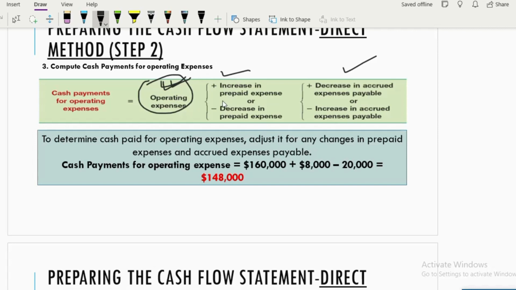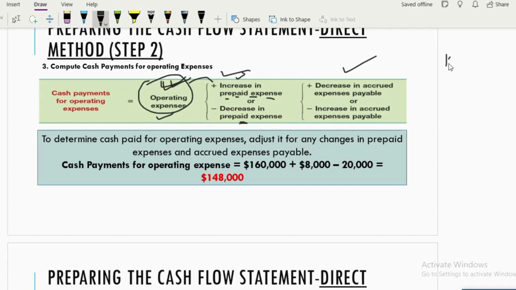So how you're going to do that? If for example your prepaid expenses are increasing, you're going to add it. Why? Because you not only paid for current year expenses, you also paid for the future year expenses. So total payment for the operating expenses, you have to add them. If your prepaid expenses are decreasing, let's suppose insurance, how do we handle that? We had, for example, last year prepaid expense in our balance sheet. Current year the prepaid expense is decreasing.